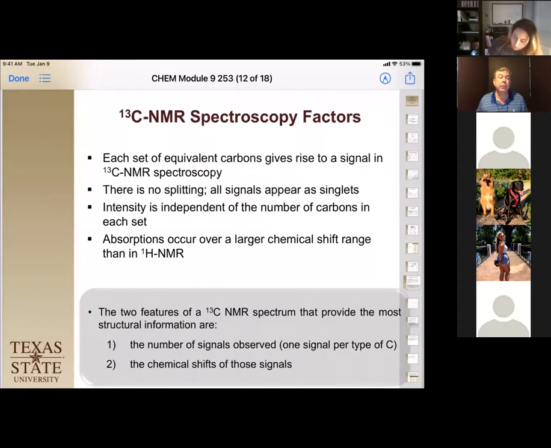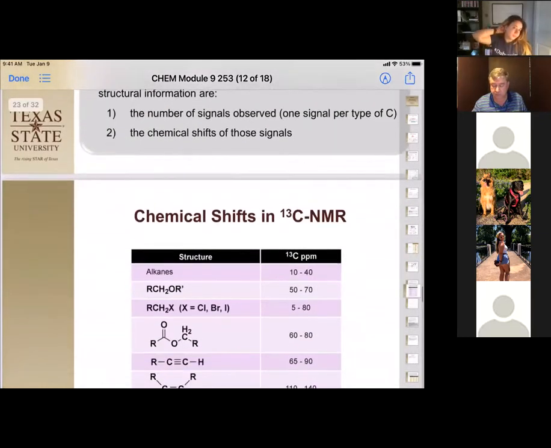In proton NMR, we rarely see things above 10, except for aldehydes and carboxylic acids. In carbon-13, we're going to see things all the way up to 220 or 230 ppm. So it's a wider range, but the relative position of the different types of things is the same. Okay, so let's talk about the number of unique carbons and where the chemical shifts might be.